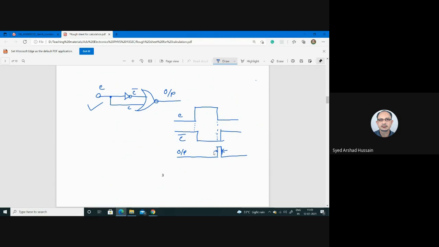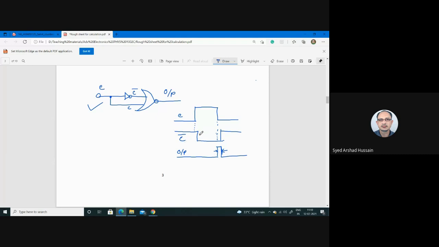So we now know that we may have two types of flip-flops based on the triggering edges. In one case, we can design the circuit so that my output changes during the positive edge of the clock pulse. In the other case, the output changes during the negative edge of the clock pulse. Okay. So these are the two systems.